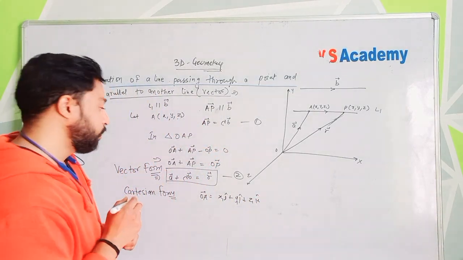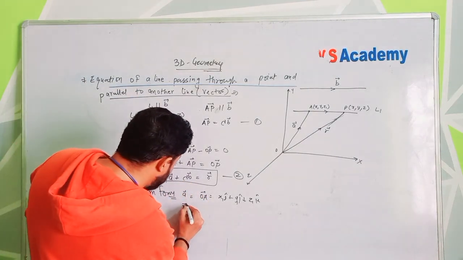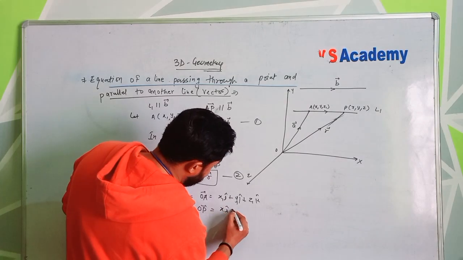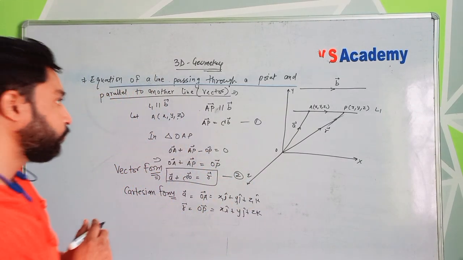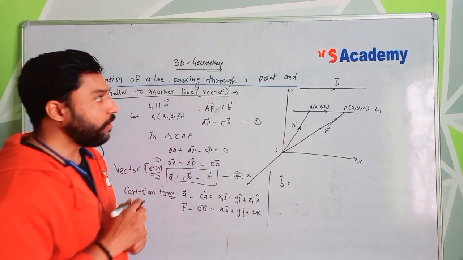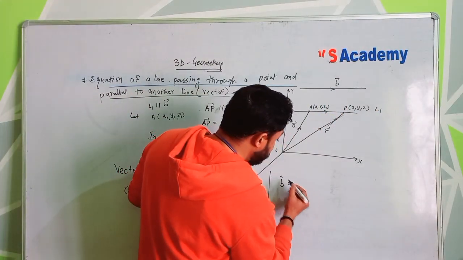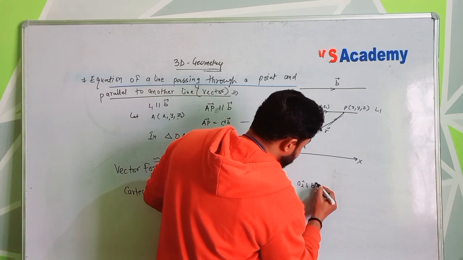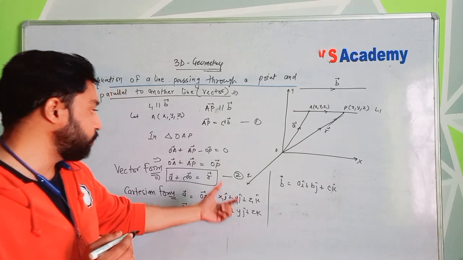Similarly, vector R, which is vector OP, has position vector x i cap plus y j cap plus z k cap. And we have vector B, a parallel line or vector, whose position vector is a i cap plus b j cap plus c k cap. Now we can put all these into equation number 2.